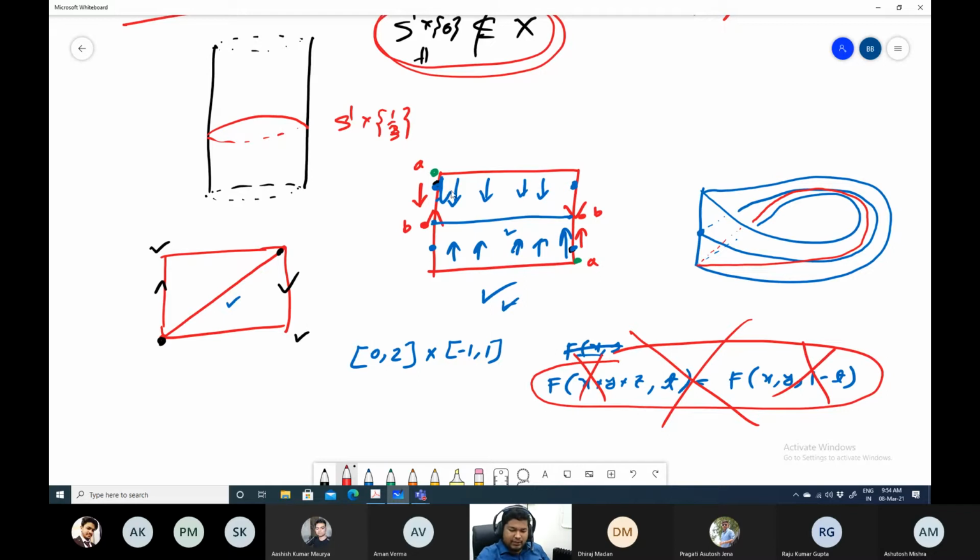If you apply it in this direction, in the quotient map, that means if you take this deformation retraction of this topological space, then since the quotient map is continuous, you will get a deformation retraction of this topological space to the boundary, to the circle.